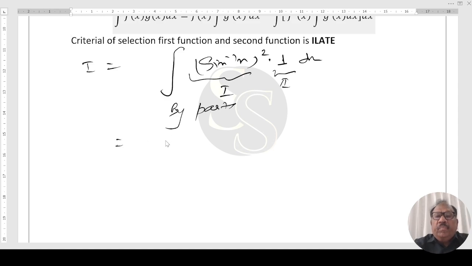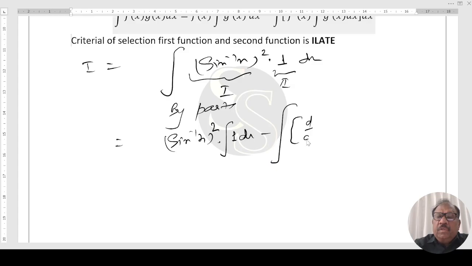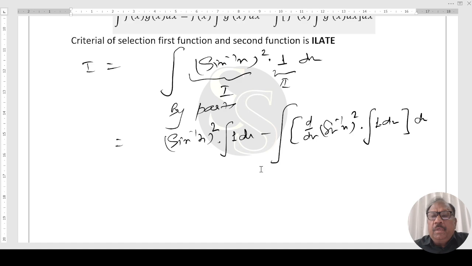First function is sine of inverse x whole square into integration of second function dx minus all integration differentiation of sine of inverse x whole square into integration of 1 dx. This is the integration part, right?